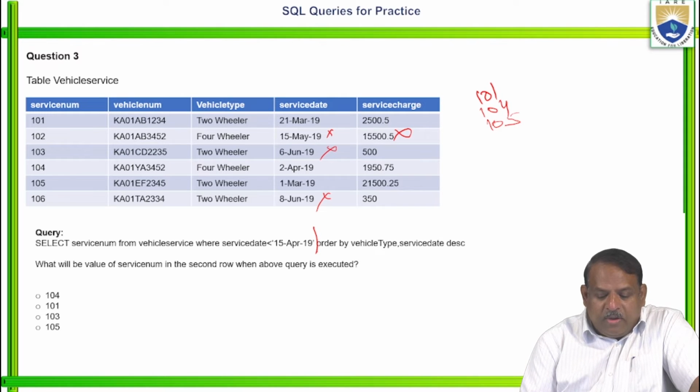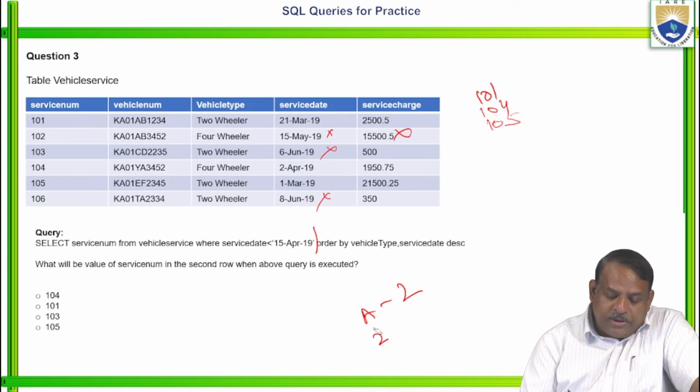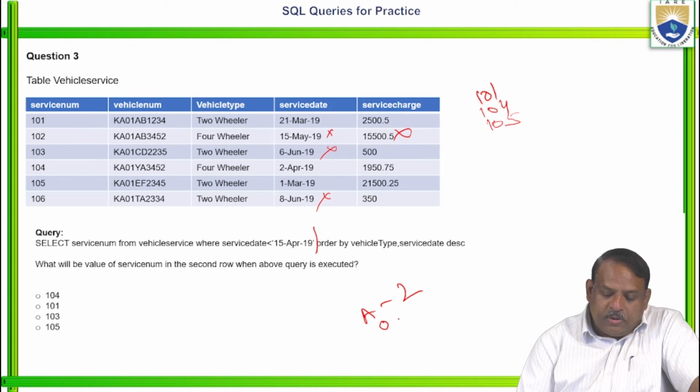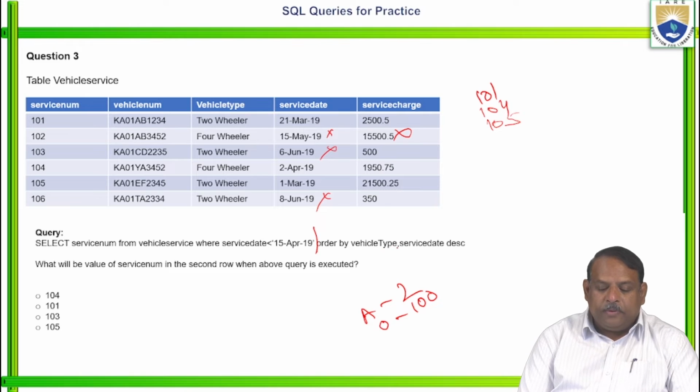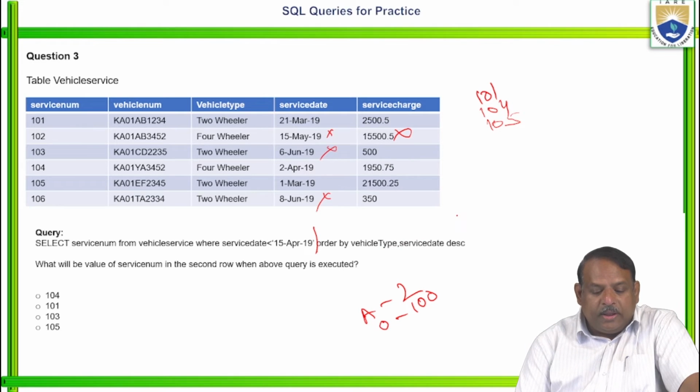Now order by vehicle type. Vehicle type is 2-wheeler or 4-wheeler. Descending means Z to A, and ascending means A to Z, 0 to 100. Now we order by vehicle type. 101 is 2-wheeler. 104 is 4-wheeler. 105 is 2-wheeler.